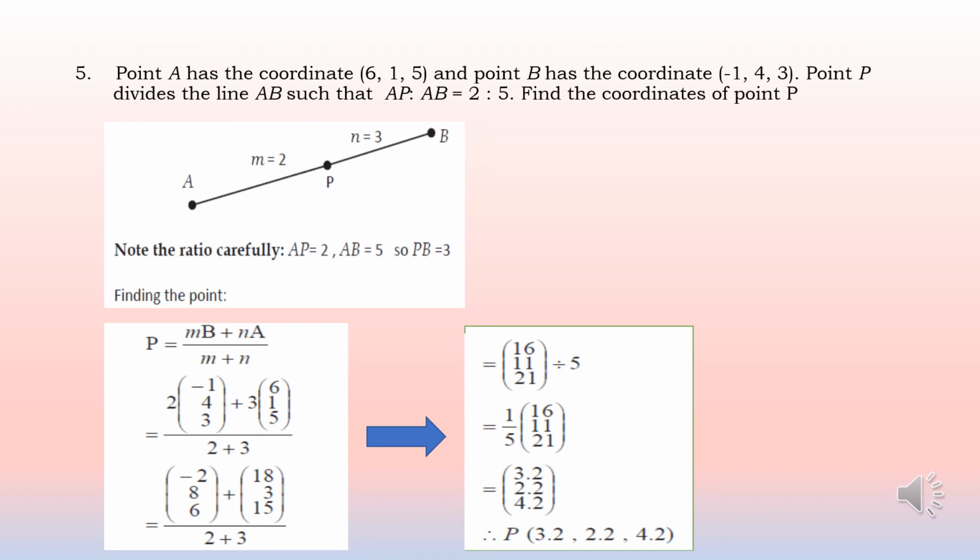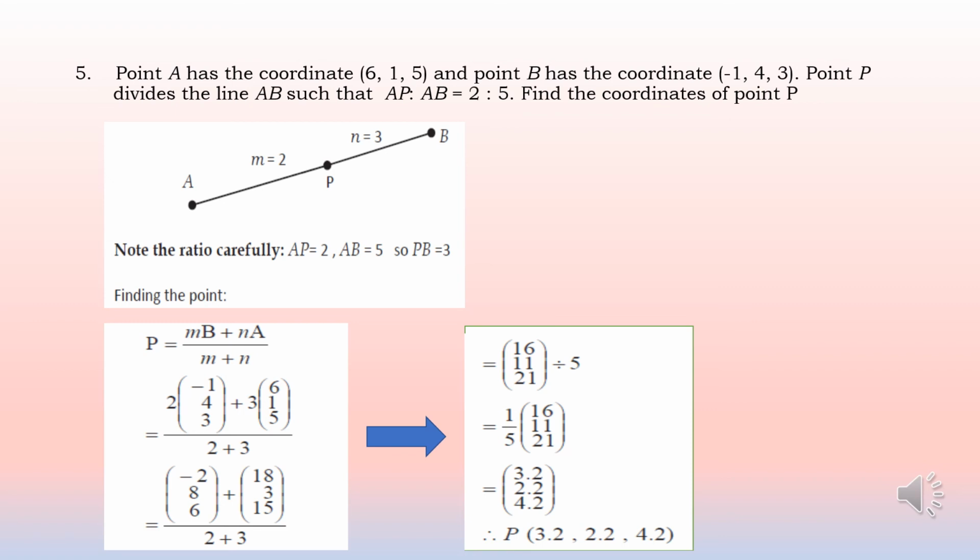So P is equal to (MB plus NA) whole thing divided by (M plus N), is equal to (2 into point B, which is (negative 1, 4, 3), plus 3 into point A, which is (6, 1, 5)) whole thing divided by 2 plus 3.